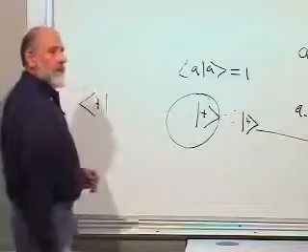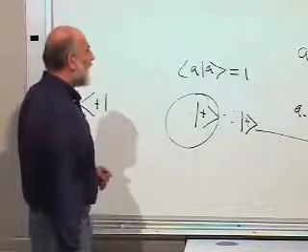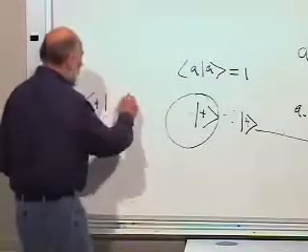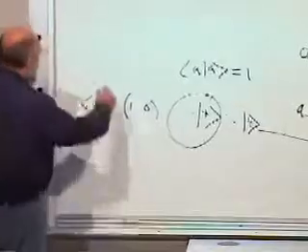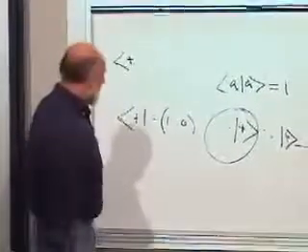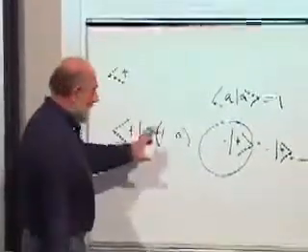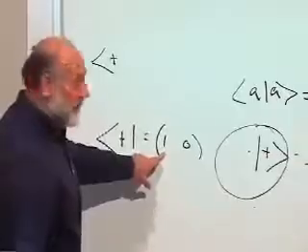In this case there's no change, except that you would write it as a row. The components do not change, because 1 is a real number, so we don't have to complex conjugate it.